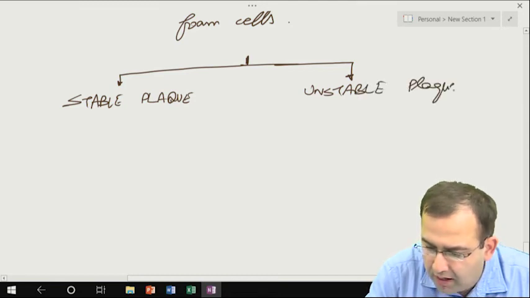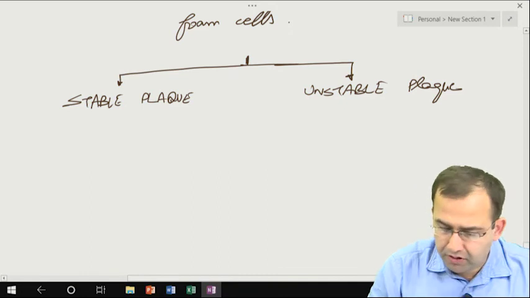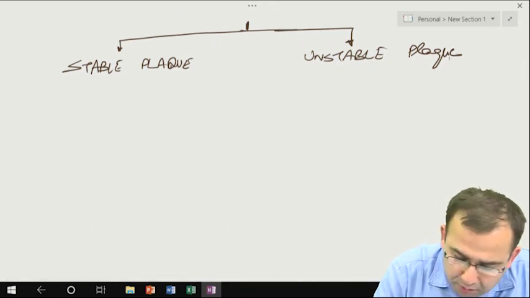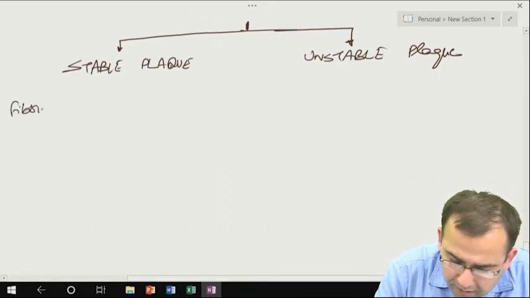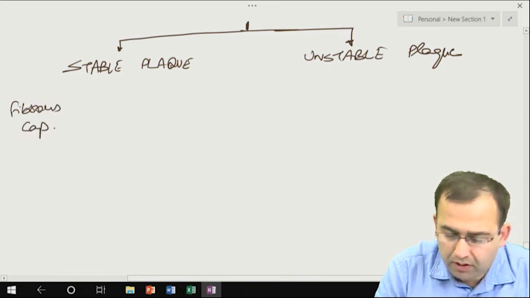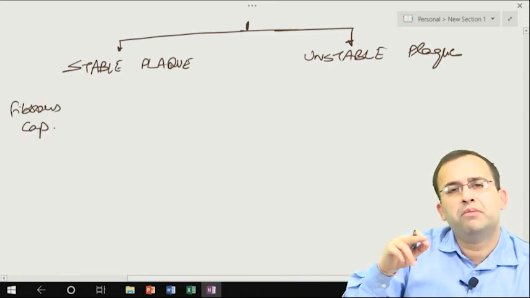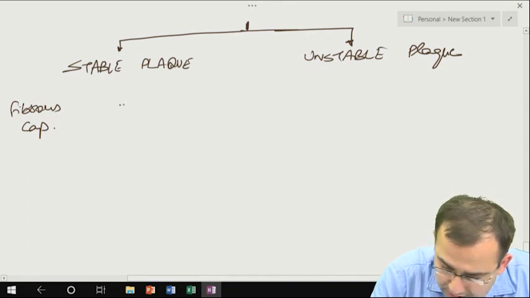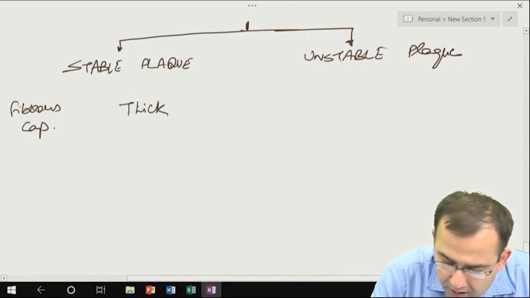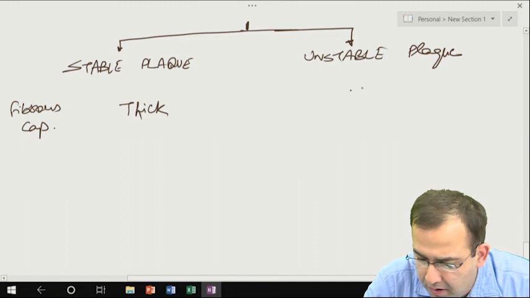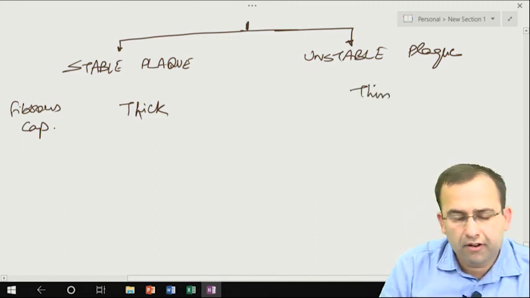First point, the thicker the fibrous cap, the more stable it will be. Stable plaque has a thick fibrous cap versus unstable where it is thin.